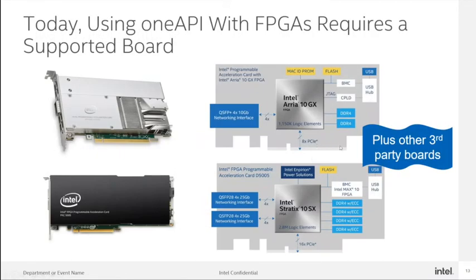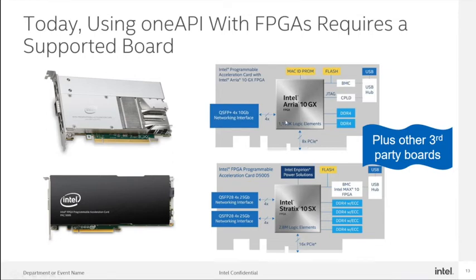Okay, today when you use oneAPI with FPGAs, you're not programming for a raw FPGA. You're actually programming for targeting a board. That's because you're going to have a host in your system, and then the FPGA will be communicating with that host. So that requires a board plugged into the motherboard of that host.